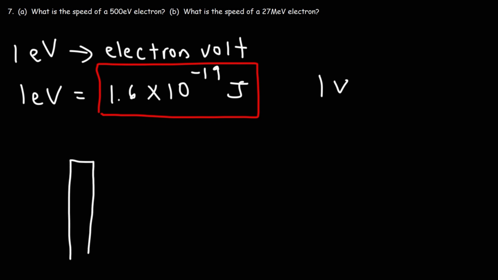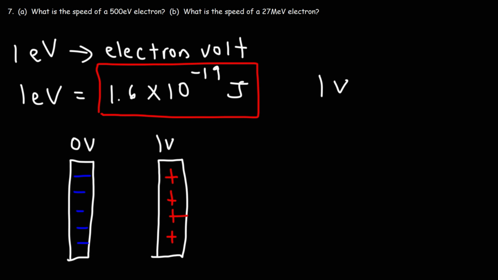So let me just give you a visual picture here. Let's say that this is a negatively charged plate, and this is the positively charged plate. And let's say the potential of this plate is 0, and this one is 1. So the potential difference is 1 volt. As this electron accelerates from the negatively charged plate to the positively charged plate, its kinetic energy is going to increase.